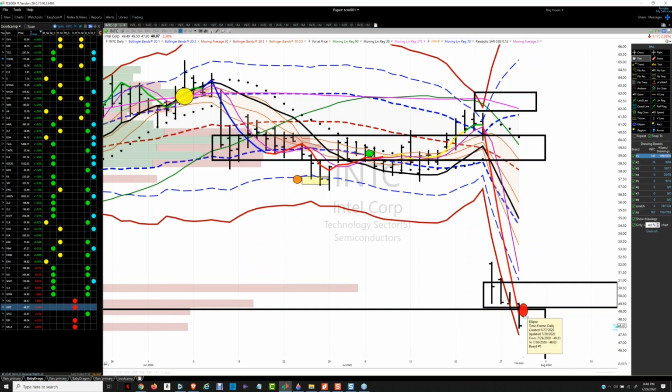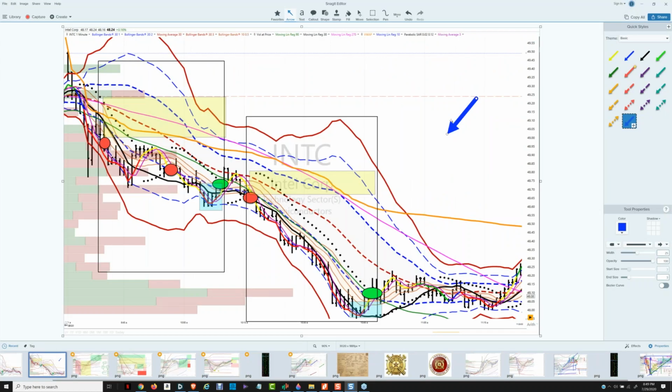So that when it broke below yesterday's low, that was a trigger really to be ready to pile on to the downside. So that's the background for Intel. You know, the swing trade time frame setting up our intraday turbo.